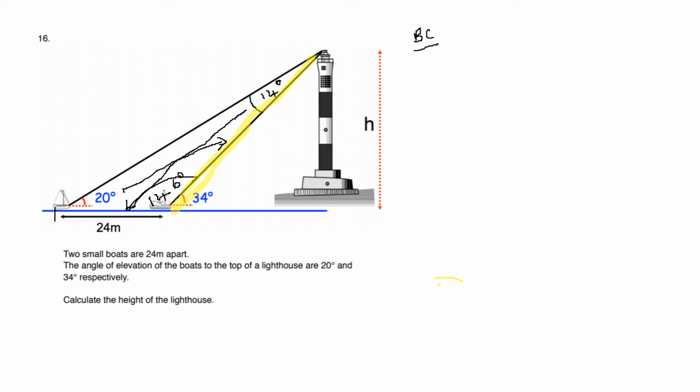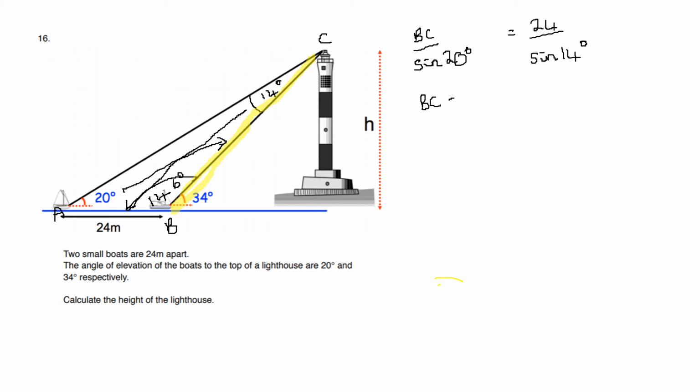Let's just label this. So let's have A, B, and C. So if we say that BC over sine 20 degrees is equal to 24 over sine 14 degrees. And let's rearrange that.